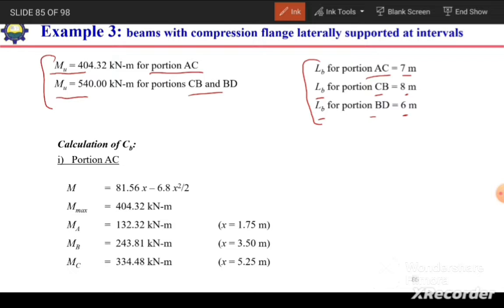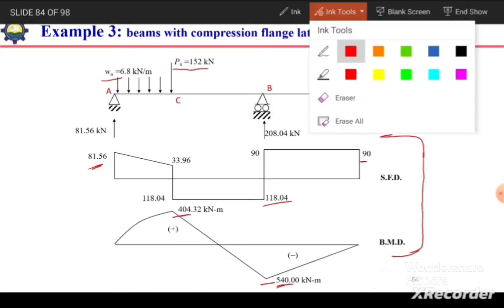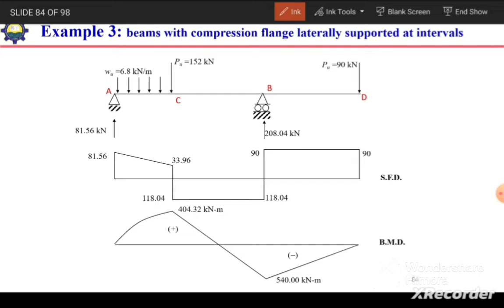So for portion AC, we can calculate the maximum bending moment. To calculate the bending moment in this portion, we multiply the reaction 81.56 by this distance, which we call x, and subtract the moment because of the UDL, which is 6.8 multiplied by x squared by 2.